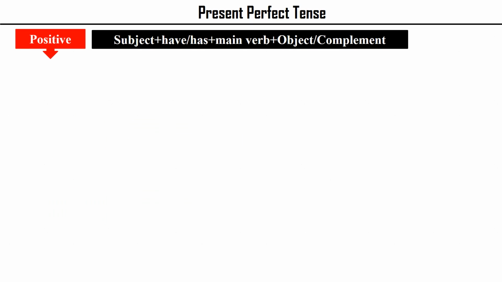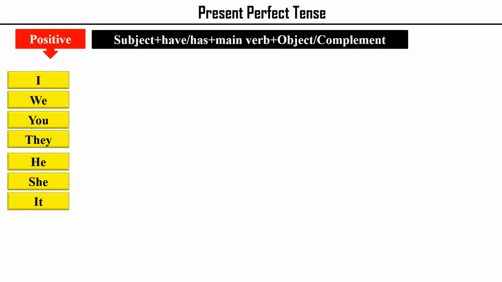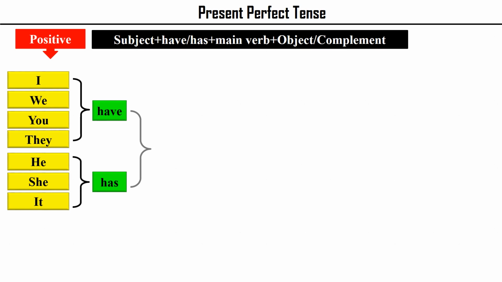For example, positive: subject plus have or has plus the third form of the verb plus object. I have eaten food, we have eaten food, you have eaten food, they have eaten food, he has eaten food, she has eaten food, and it has eaten food.